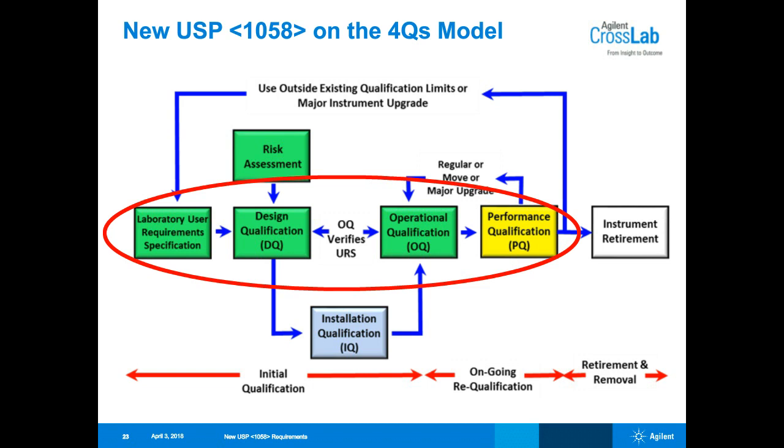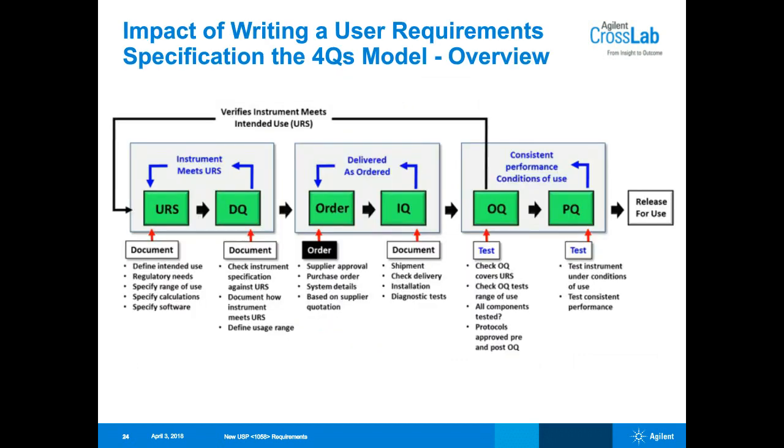So if we expand that little section, you'll see we have a little more detail. And don't worry, I'm not going to go through and start talking about this. This gives you the overview, and I'm going to break this down into a number of successive slides.